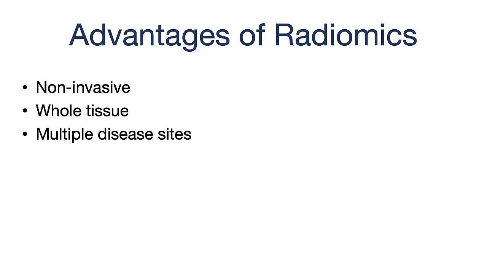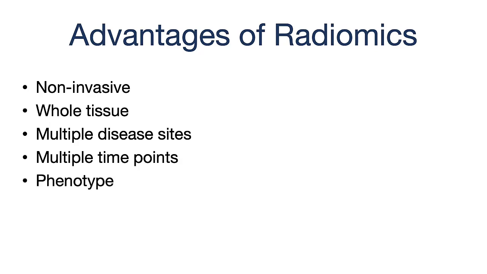We can study multiple disease sites at the same time point, which would require, for tissue analysis, multiple biopsies. We can do multiple time points to see how all these measurements change with time. Again, relatively difficult to do with biopsy because of the need for multiple invasive procedures.